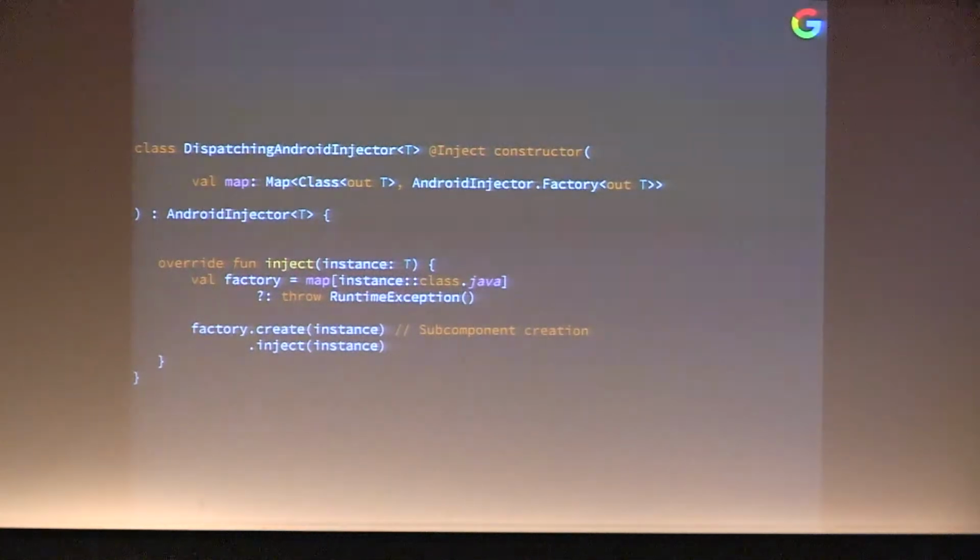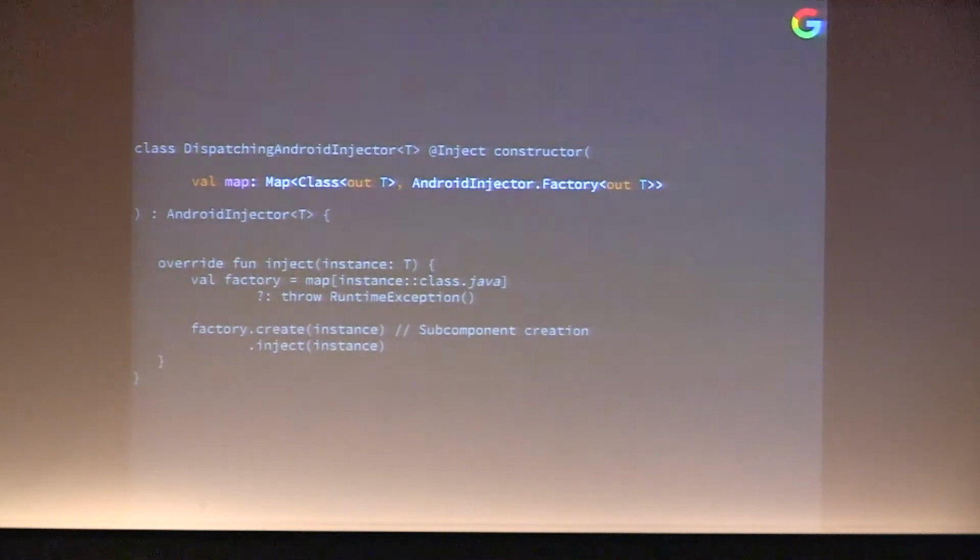So this is the declaration of the DispatchingAndroidInjector class. Again, a Dagger class, so you don't need to create it manually. This class is implementing the AndroidInjector interface and also takes the type parameter as the Android injector. An injected constructor is used, so you won't need to provide this class manually.